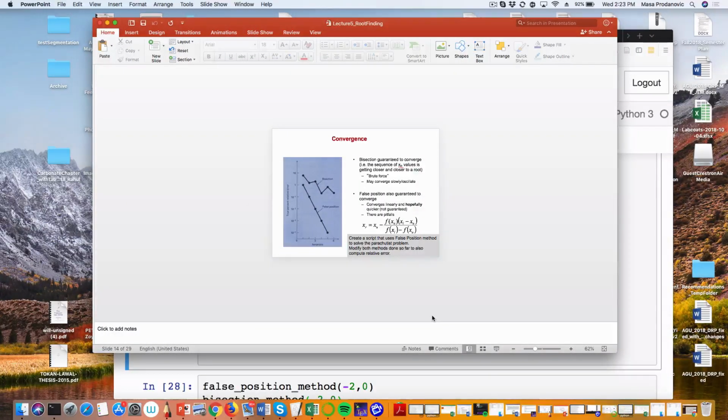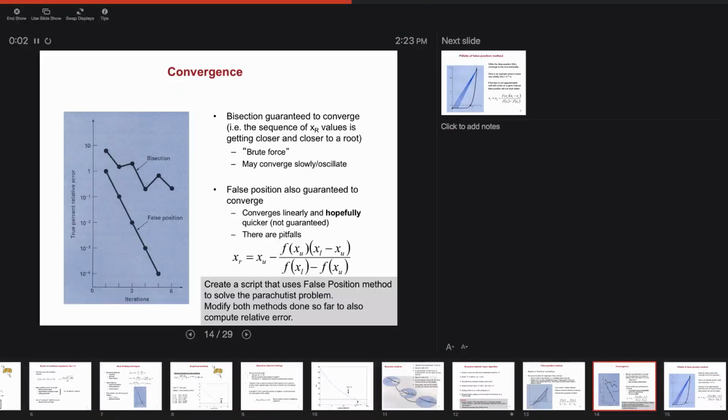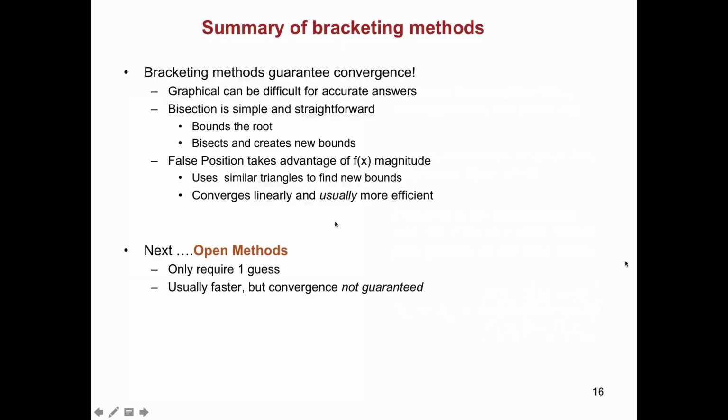So one thing that many people don't like is that I have to search for the bracket before I actually start. How about if we can investigate some methods that require only one guess before we actually start the method?